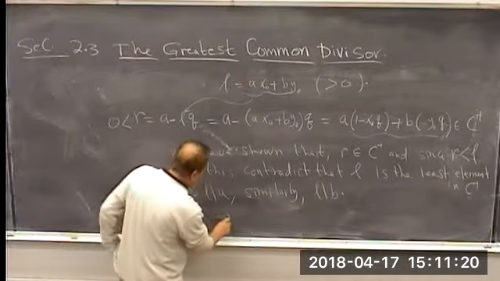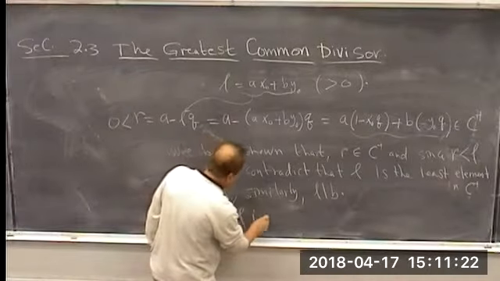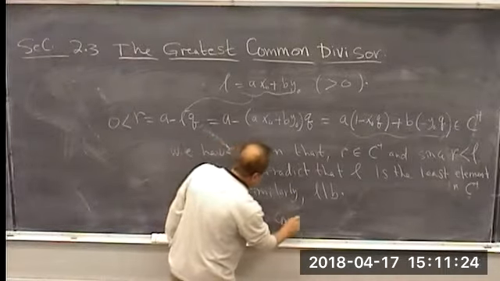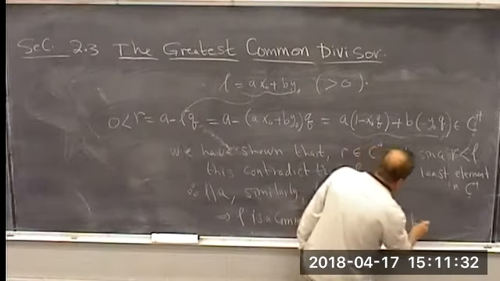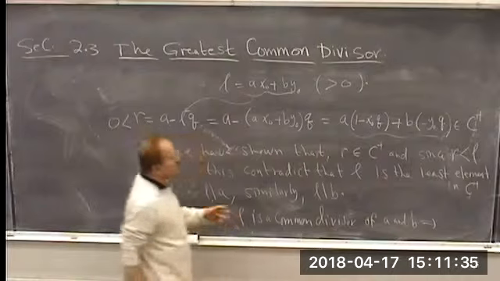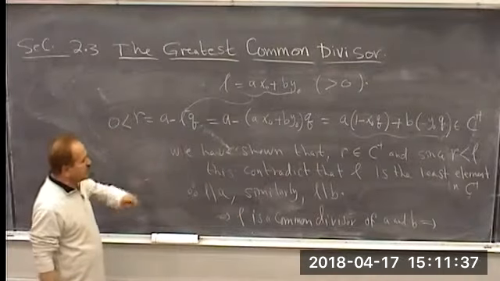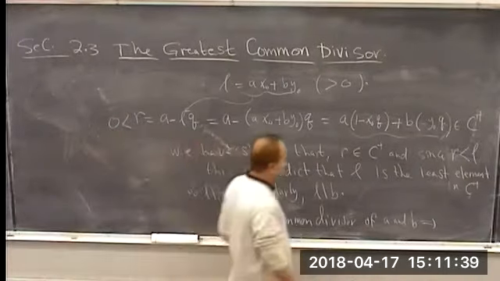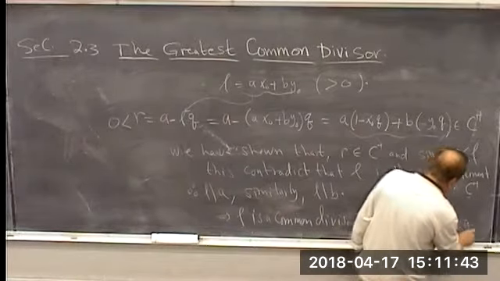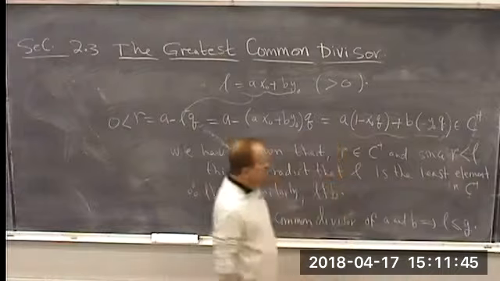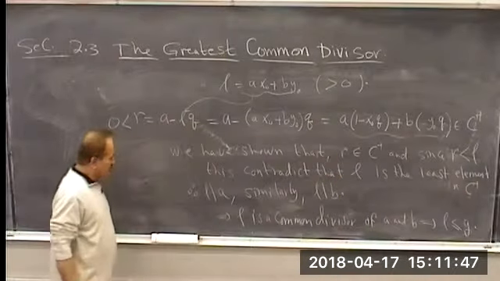So this implies L is a common divisor of A and B. And by definition of the greatest common divisor, which we call G, this implies that L is smaller than or equal to G. Okay? Since G is the greatest common divisor.